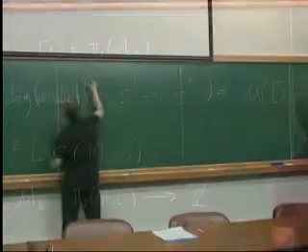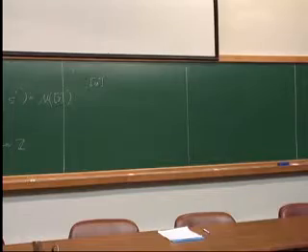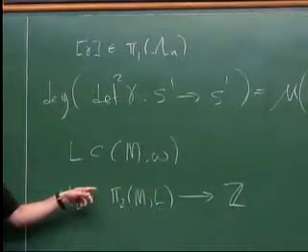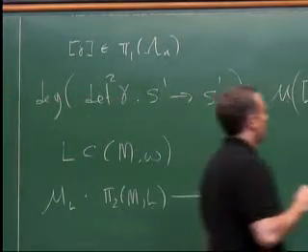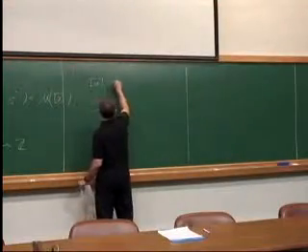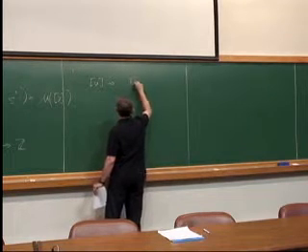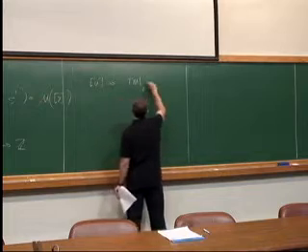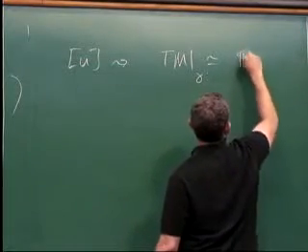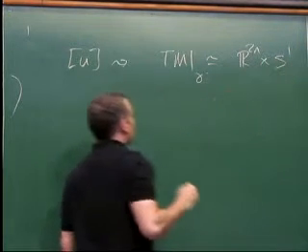Of course, if we take a class in this relative homotopy group, it defines a trivialization of the tangent bundle of M along a loop in L. So this gives us a trivialization of the tangent bundle to M along a loop. We'll just identify that with R^2n cross S^1.